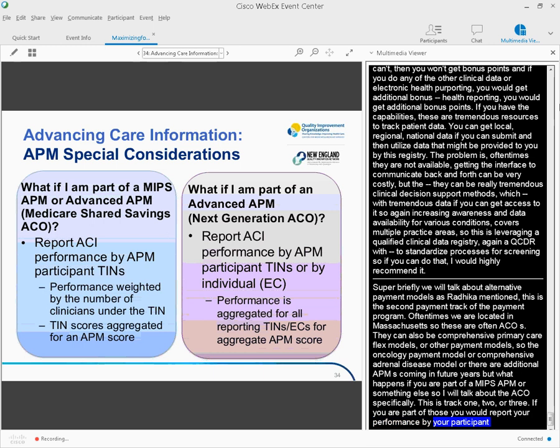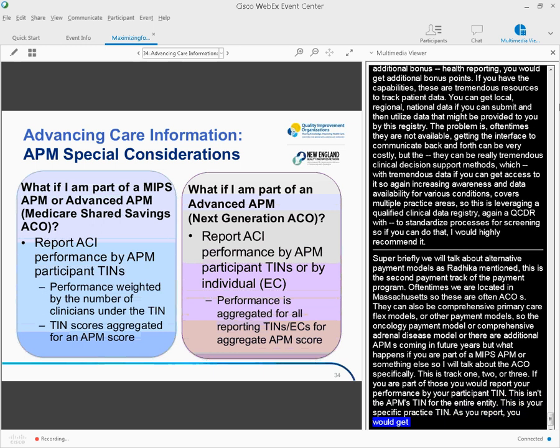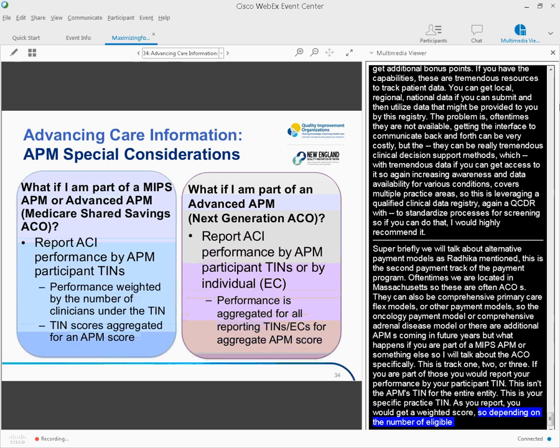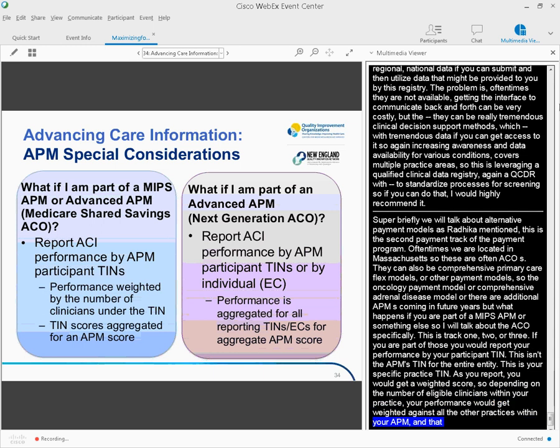This would be your specific practice TIN. And as you report, you would get a weighted score. Depending on the number of eligible clinicians within your practice, your performance would get weighted against all the other practices within your APM, and that would become one APM aggregate score. A little complicated because it gets weighted, but basically it all gets aggregated into one APM score.